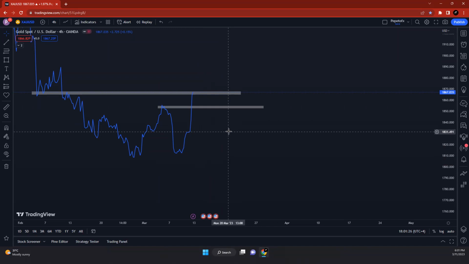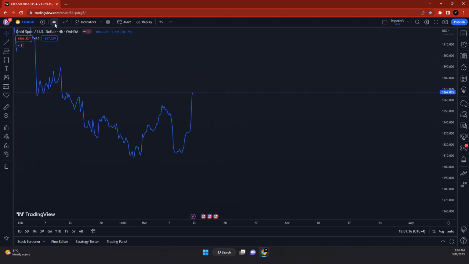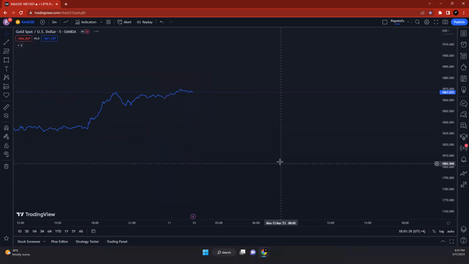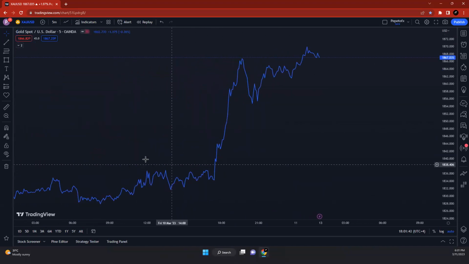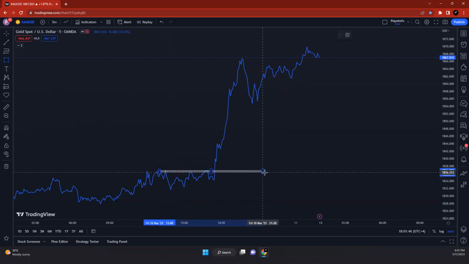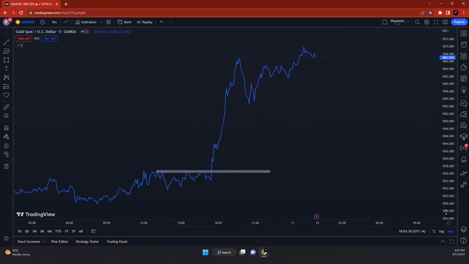We don't know. Even on news, even on 5 minutes on news, let's go for how we can easily go for the breakout and retest concept. 5 minutes. Now here, this was our level, right?